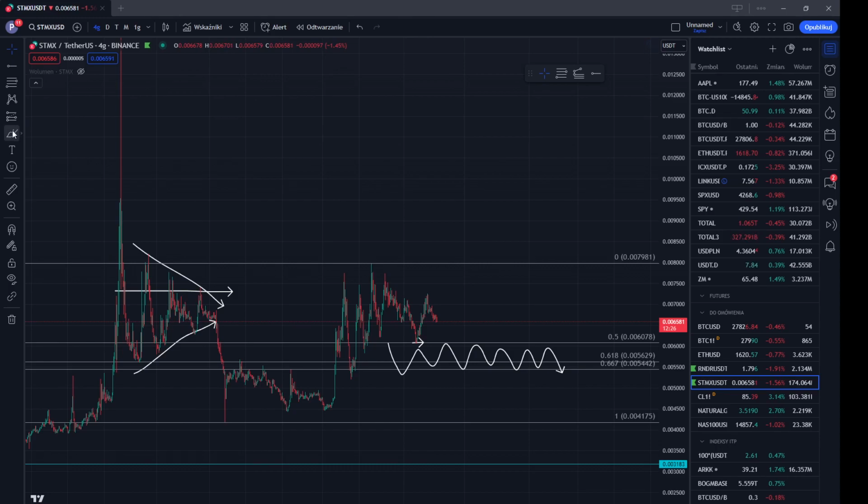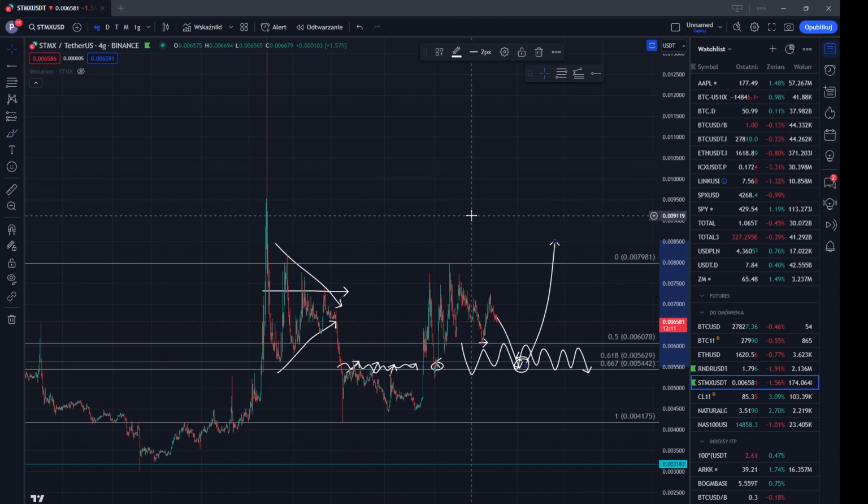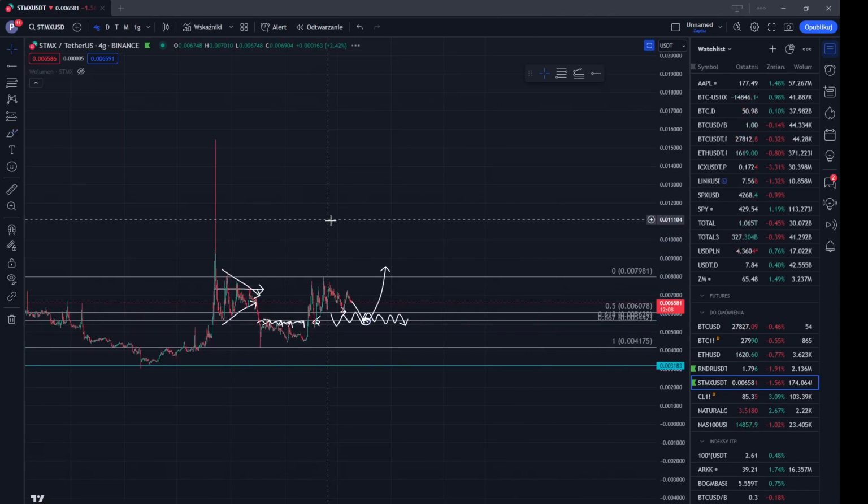For me, this was resistance here, touched by these candles. Then it was flipped to support, and then we need a retest of this level, and then we can go up again. Now there are two possibilities.